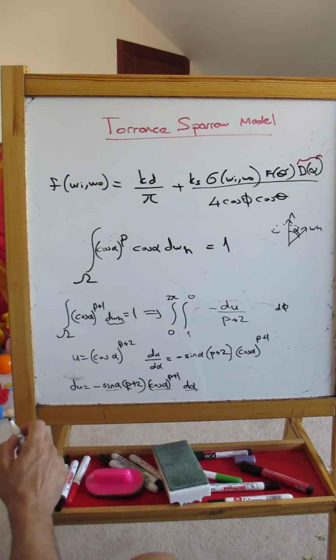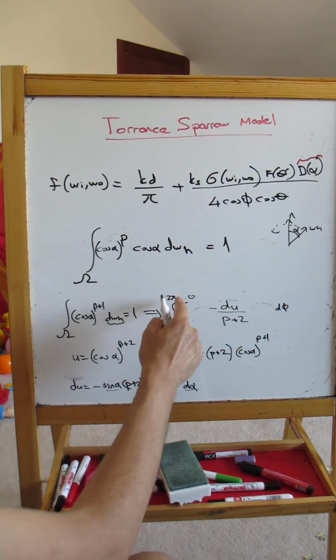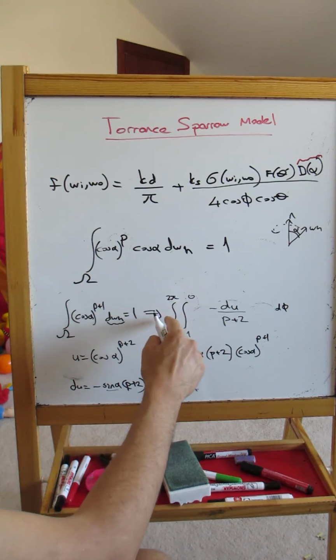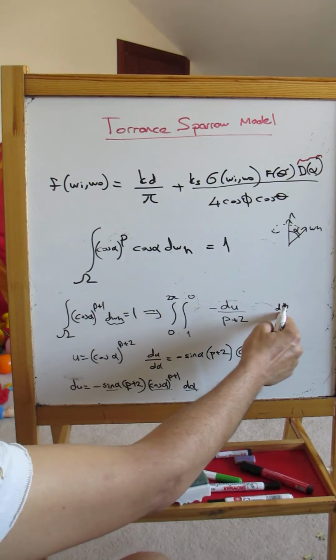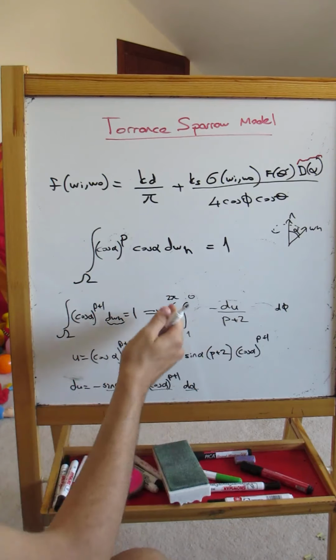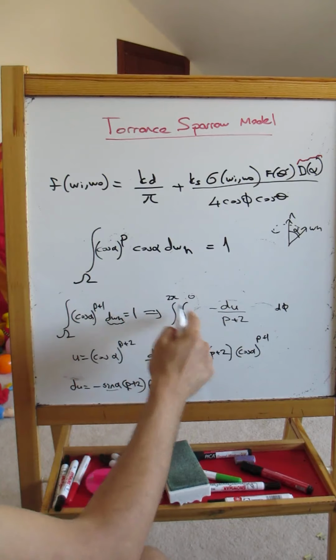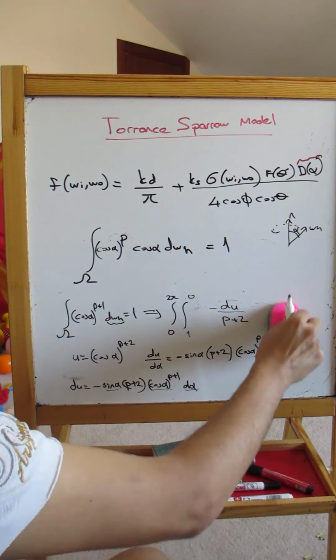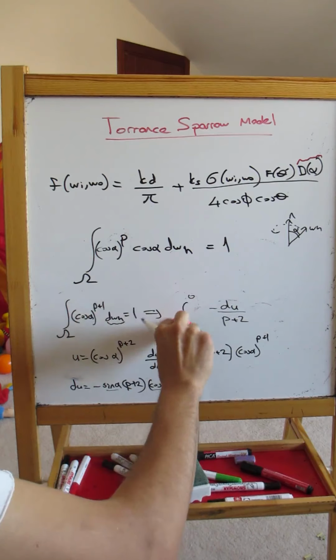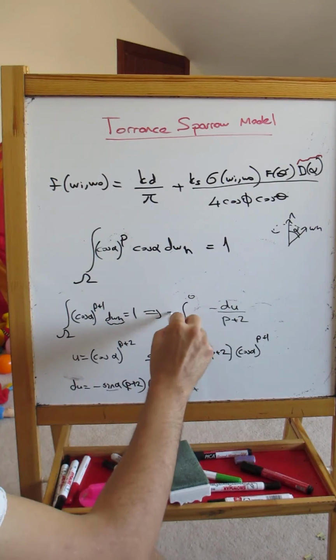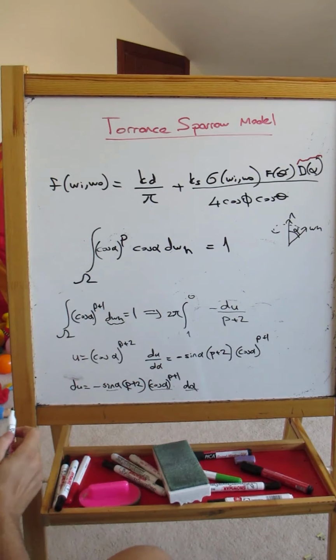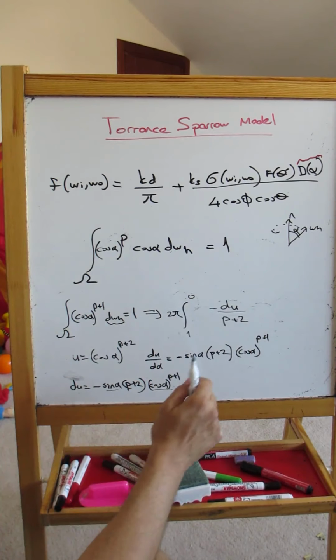Okay, now let's also get rid of this integral here. You can see this is just an integral of d phi from 0 to 2 pi. So actually I can clean this up, and this is going to be 2 pi. Okay, and let's do one more cleaning.